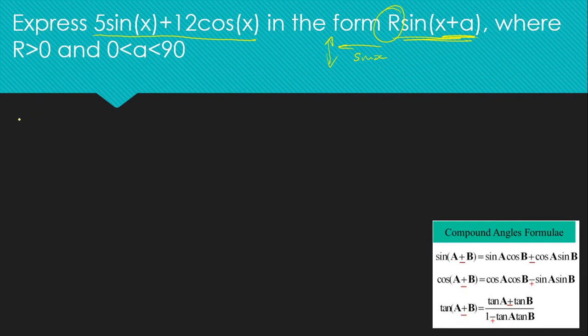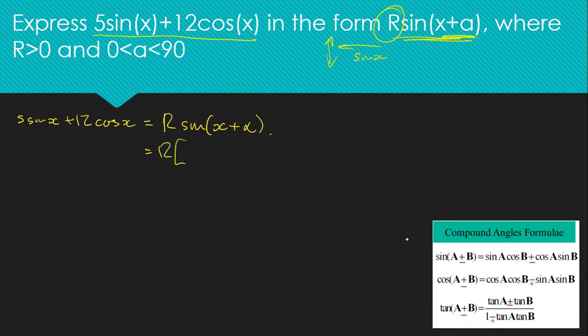Now what we've got is 5 sin x + 12 cos x. We're aiming to get that to be R lots of sin(x + alpha).